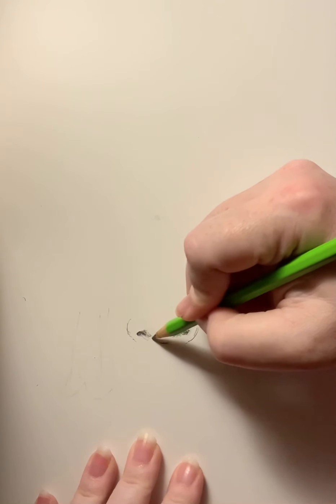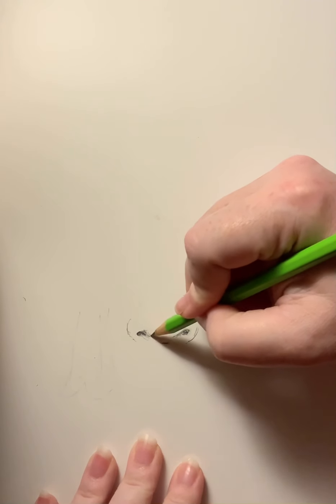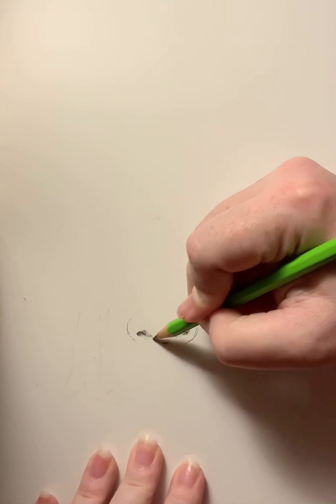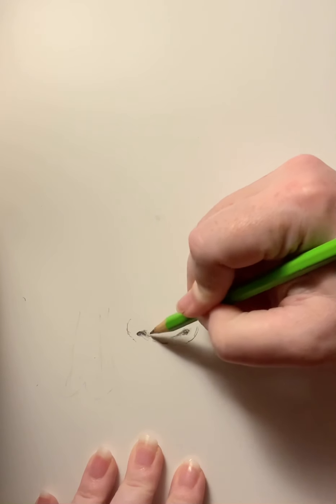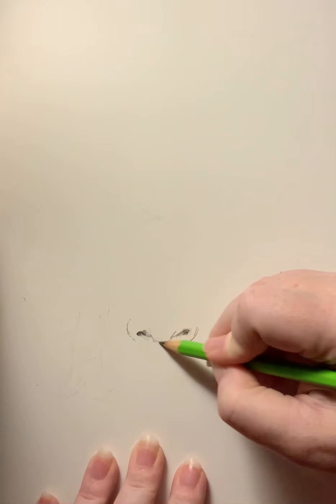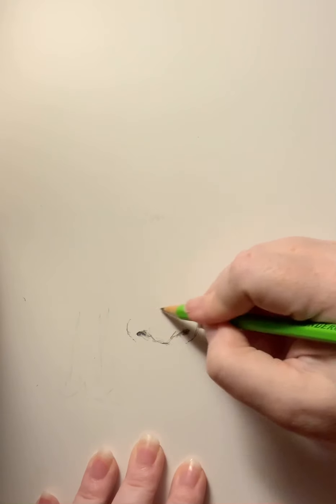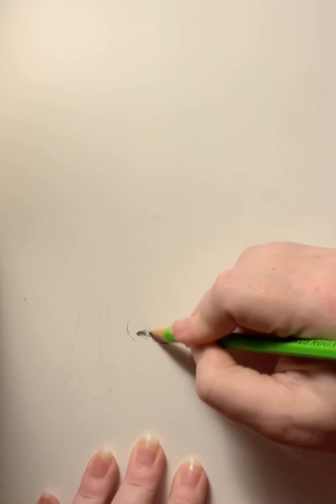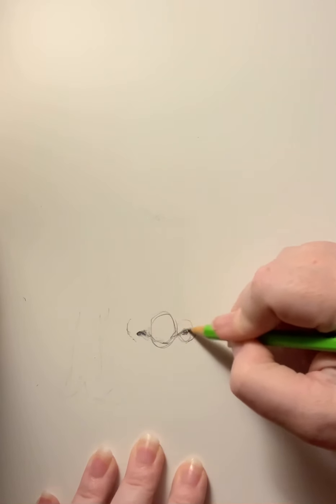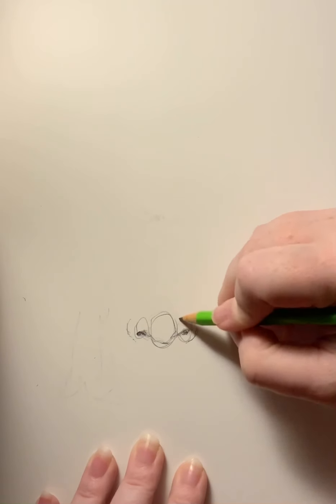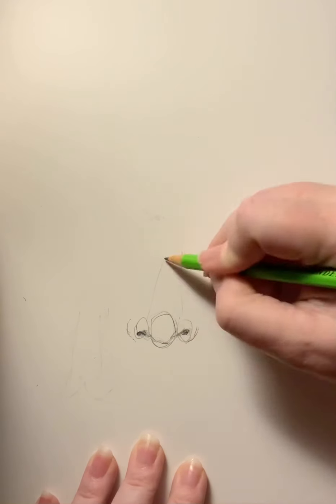And this part right here that kind of dips down a little bit, we're just going to let it come down a little bit lower because this nose is pretty much straightforward. Okay, now here's where those basic shapes that I was telling you about would come into play. You would have a circle here and two smaller circles here and here, and then you would have some lines that go up.